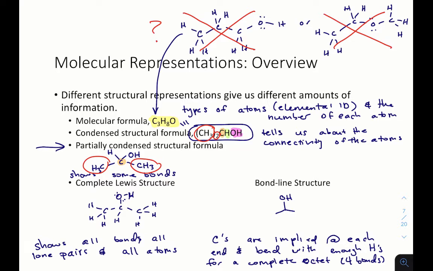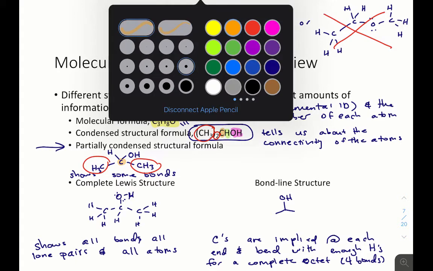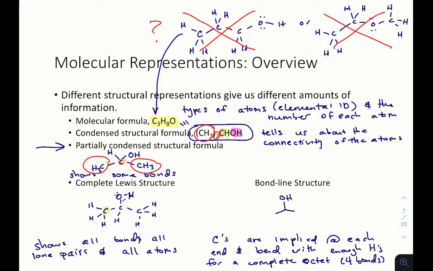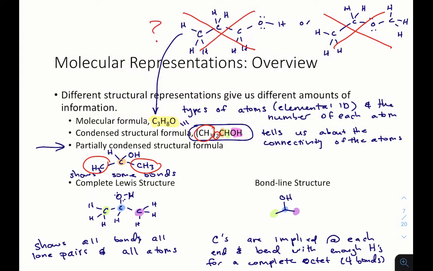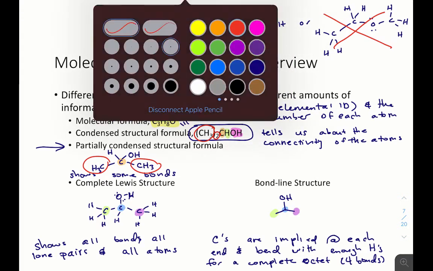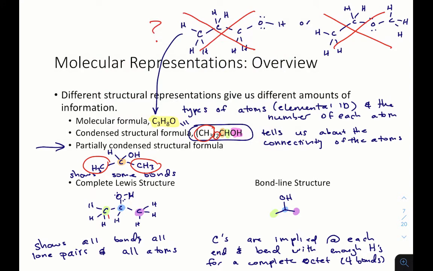Well, I said each end and bend is an implied carbon atom. So here's that end, that carbon atom. This bend is the central carbon atom. And then this end is that carbon atom. And we can arbitrarily number these carbons 1, 2, 3.